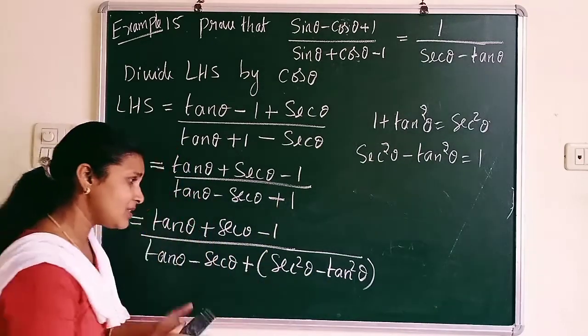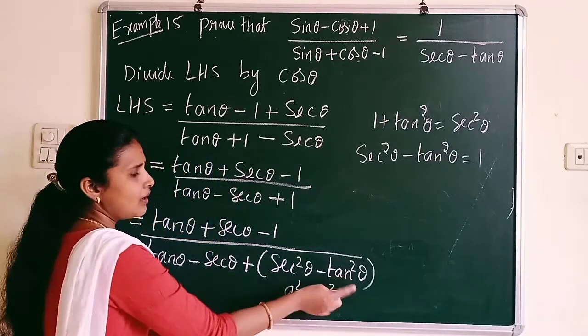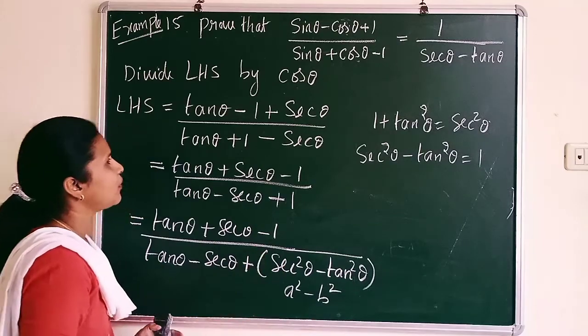You can observe here this secant square minus tan square is in the form of a square minus b square. You can write this again as a plus b into a minus b form.